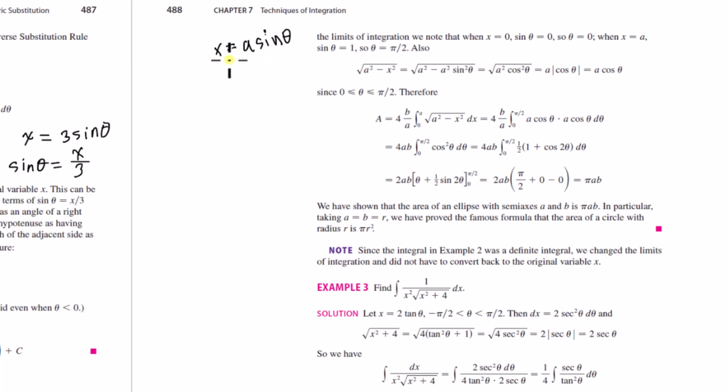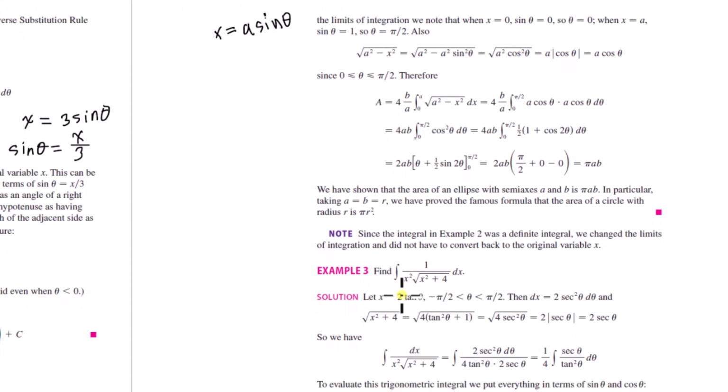This is defined only when theta is between minus pi over 2 and pi over 2. So you can't solve it at that moment. You'd have to make some changes. But we see we're going from theta is equal to 0 to theta is equal to pi over 2, so we're fine. All right, so then they solve the definite integral and get pi ab. And it notes that we didn't have to worry about going back to the original x variable because it was a definite integral, and we updated the limits of integration based on the new variable.